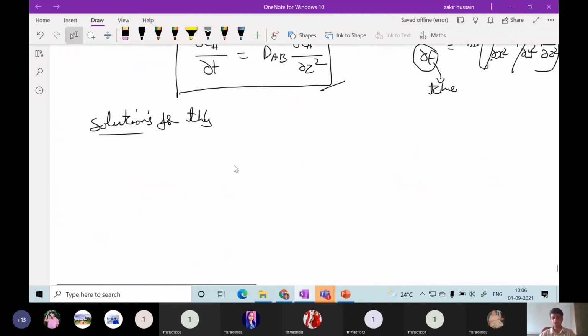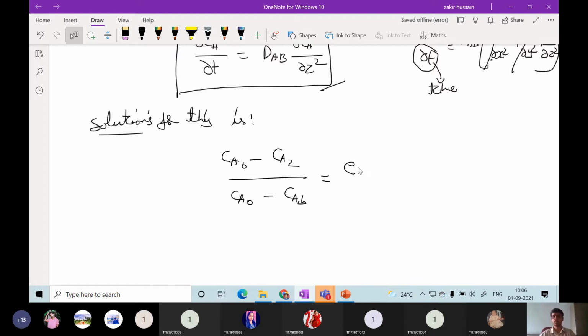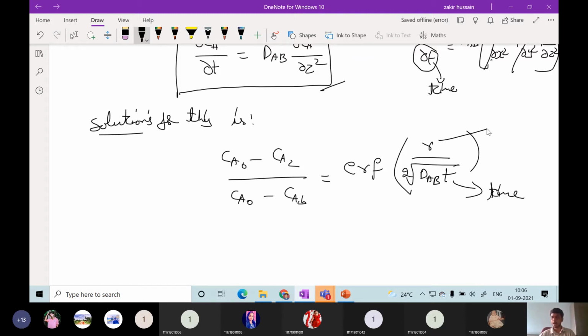You have to write the assumptions and Fick's second law of diffusion. Then finally the solution for this equation is (Ca0 minus Ca) divided by (Ca0 minus Cab) is equal to the error function of r by the square root of 2 D_AB t, where t is time and r is the radius or distance of the bubble.